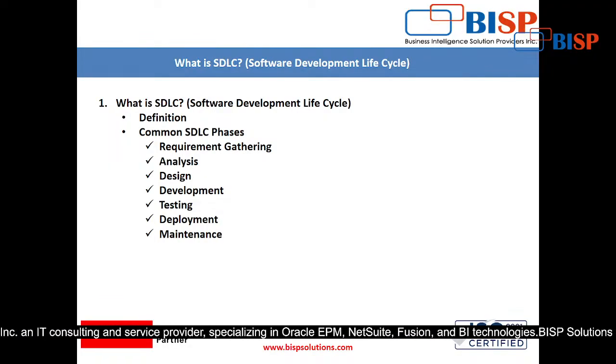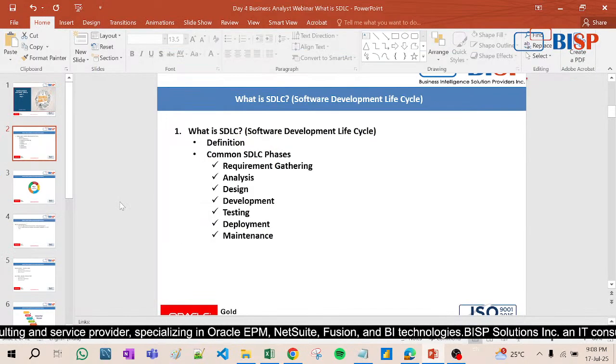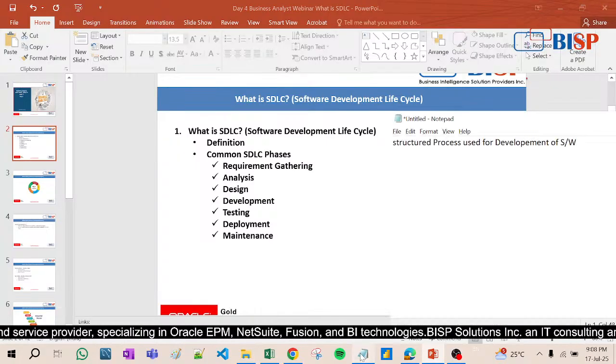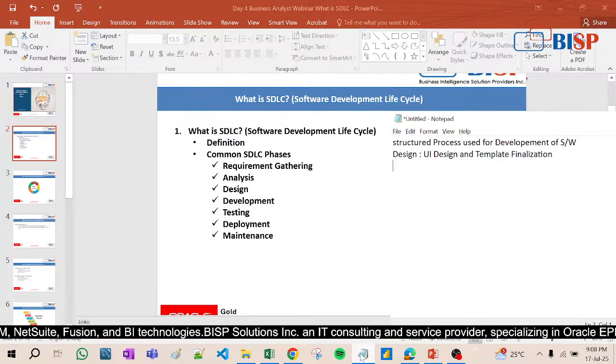Once the template is finalized, design means UI UX, UI design and template finalization. Once the design is finalized, we will ask them, okay, this template we have selected for you, whether it is okay.